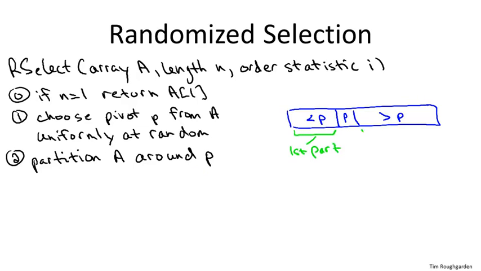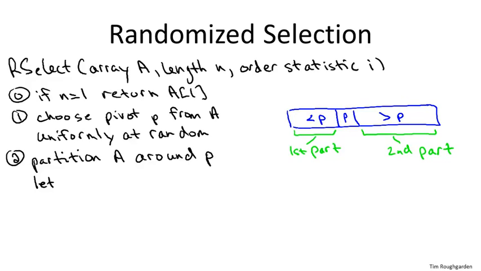As usual, I'll call everything to the left the first part of the partitioned array, and everything bigger the second part. Now we have a couple of cases depending on whether the pivot is bigger or less than the element we're looking for. So I need a little notation to talk about that. Let's let j be the order statistic that p is. So if p winds up being the third smallest element, like in the quiz, then j is going to be equal to 3.